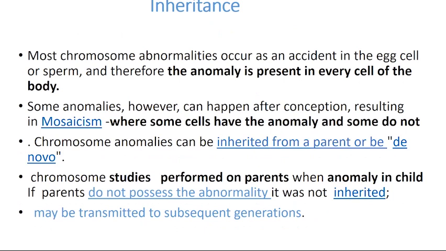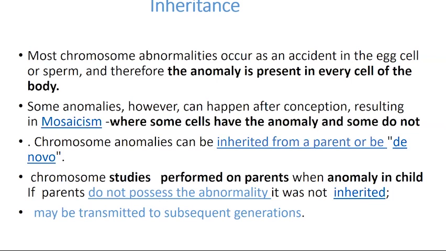Most chromosomal abnormalities occur as an accident in the egg cell or sperm, and therefore the anomaly is present in every cell of the body. When there is an accident, modifications occur in the cell of the sperm and the ovum, so the anomaly is present in every cell.